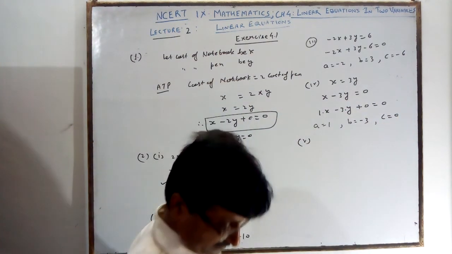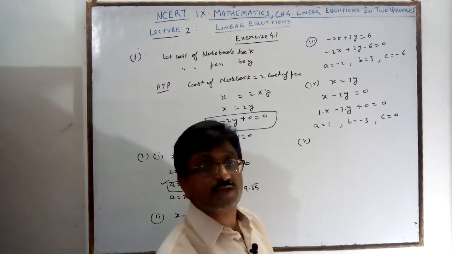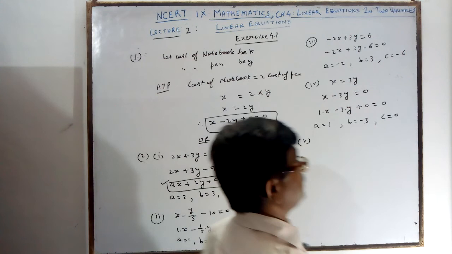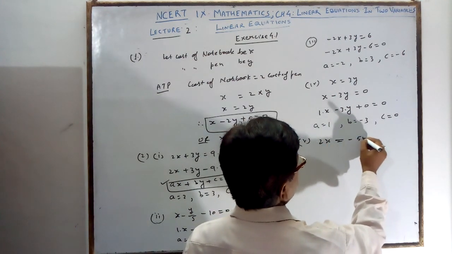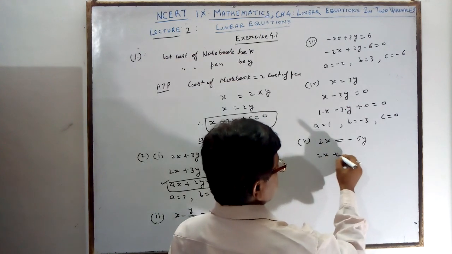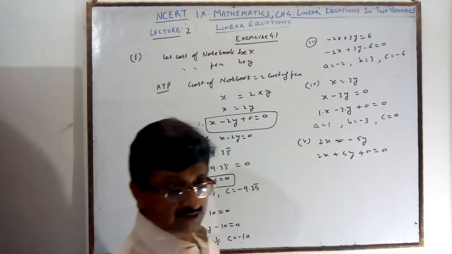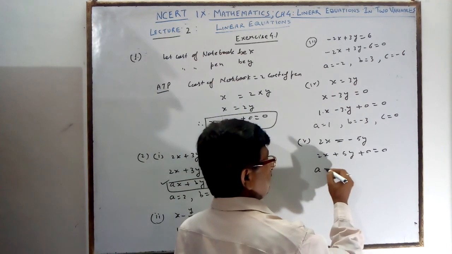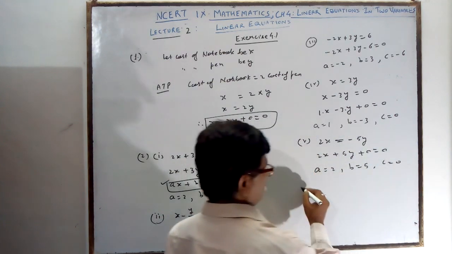Fifth part: 2x is equal to minus 5y. So 2x plus 5y plus 0 is equal to 0. Here a is 2, b is equal to 5, c is equal to 0.